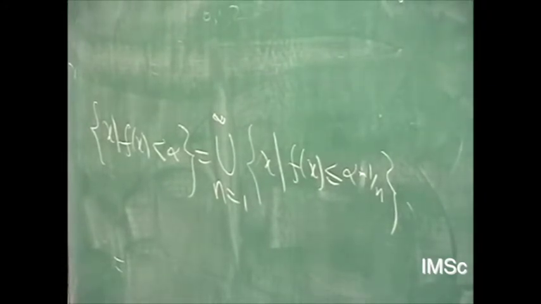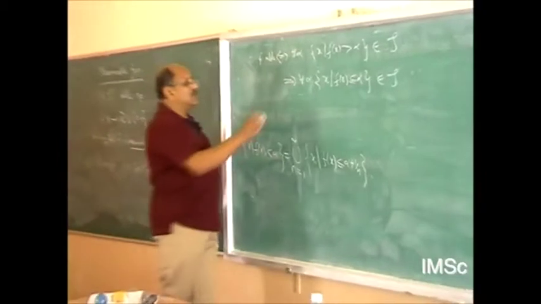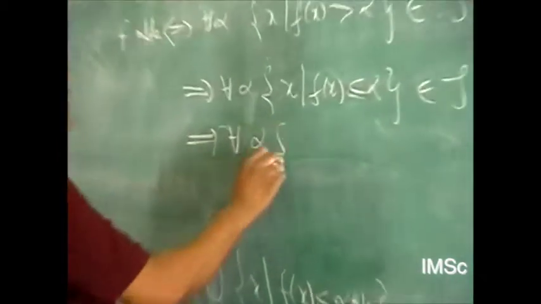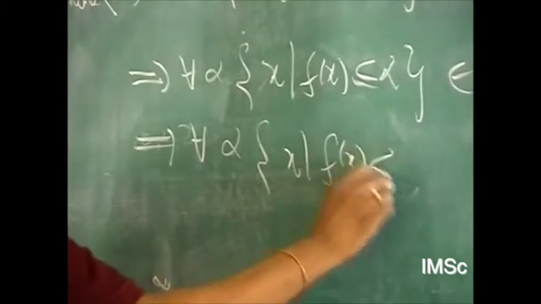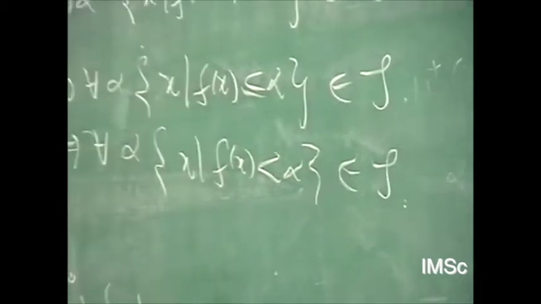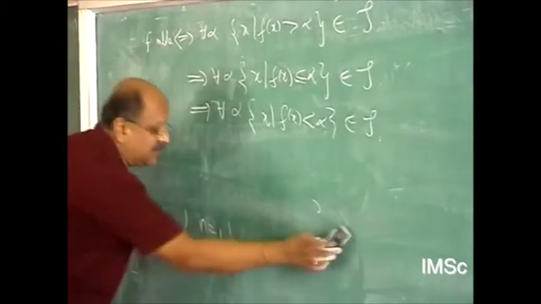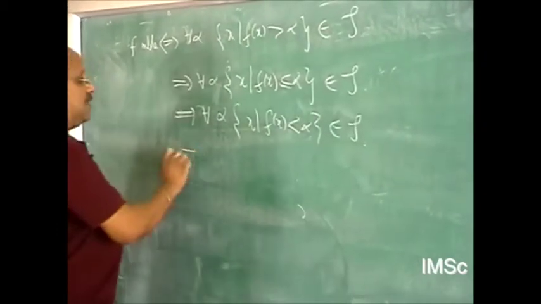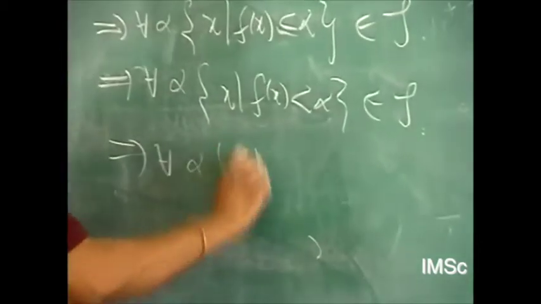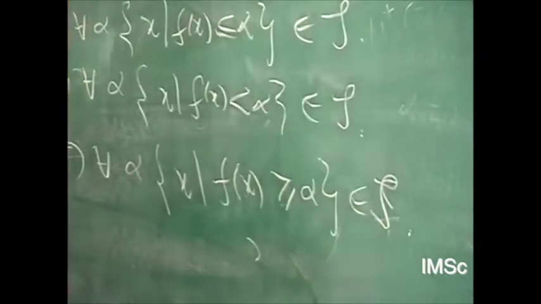Is this correct? But we know that each one of these is in S, and countable unions are in S, so this implies for every alpha, the set of all x such that f(x) is less than alpha is in S. But if some set is in S, its complement is also in S, therefore this implies for every alpha, the set of all x such that f(x) is greater than or equal to alpha is in S.